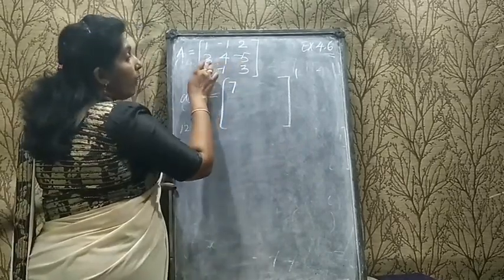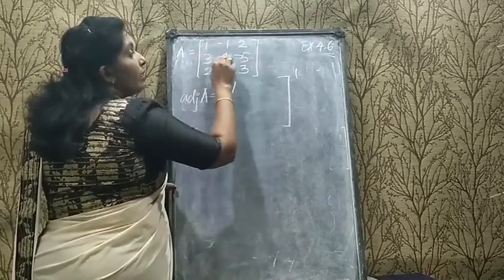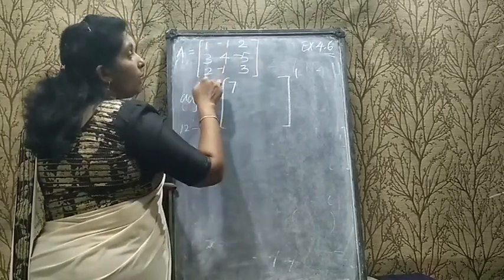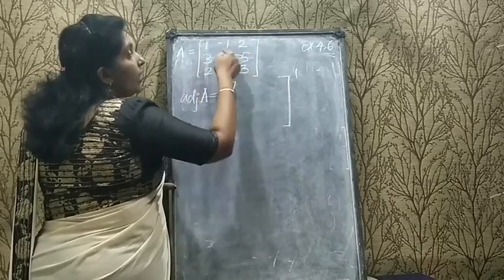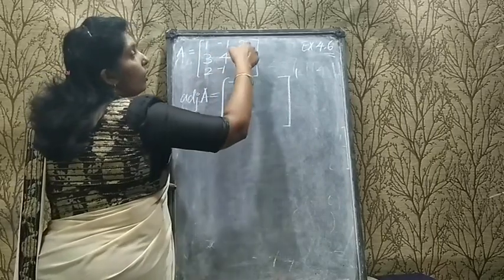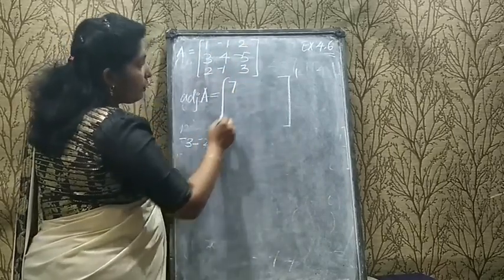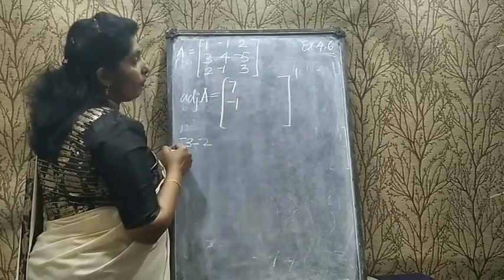Next you have to find out the cofactor of the 3. So eliminate the row and the column including 3. Then 3 into minus 1, that is minus 3, minus of minus 2, that is minus 3 plus 2, which is minus 1.